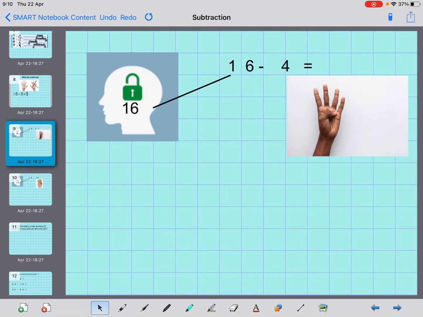So 16 in my head, 15, 14, 13, 12. And I would put each finger down as I count backwards.